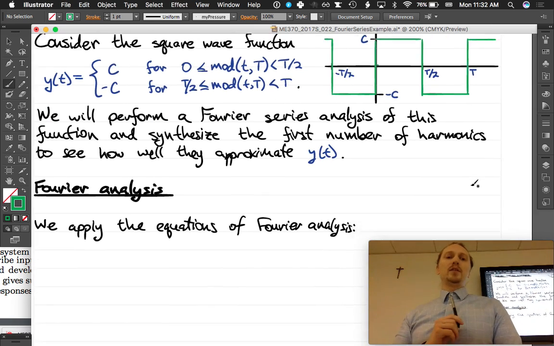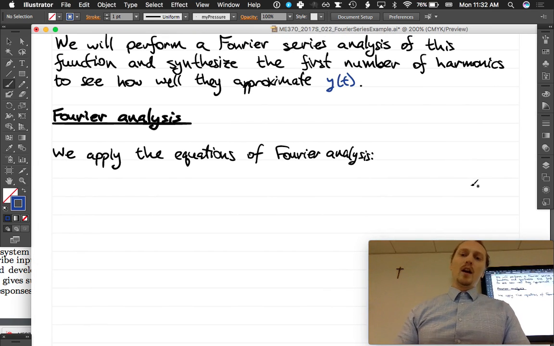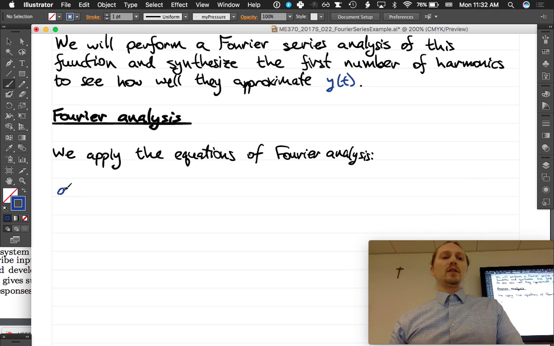So we are going to apply the equations of Fourier analysis. So we could go through and compute what a_n is, right? Let's compute what a0 is just for fun, and then we're not going to compute the other a's because we're going to say, oh, well, they're all going to have this same thing happen.